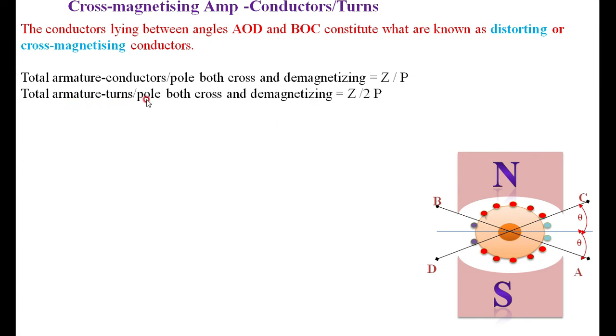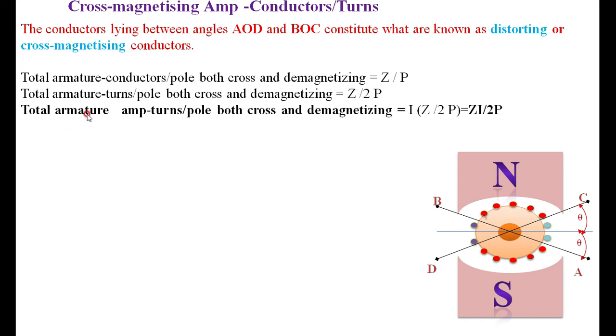Total armature turns per pole. Here what I have written is total armature conductors per pole. Turns per pole means you have to divide the total number of conductors by 2. Therefore, it is Z divided by 2P. Then, total armature ampere turns per pole, both cross-magnetising and demagnetizing.